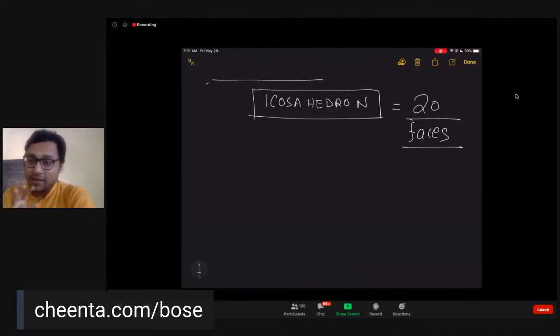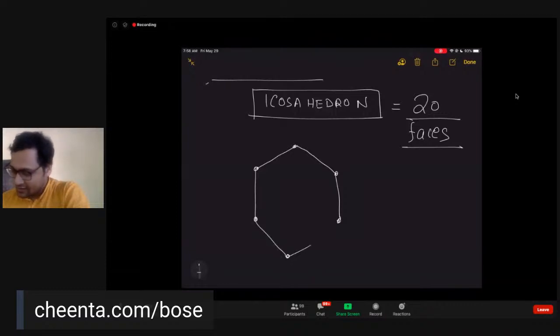Start with a hexagon. How does the hexagon look? Well, it looks like this. This is the hexagon.